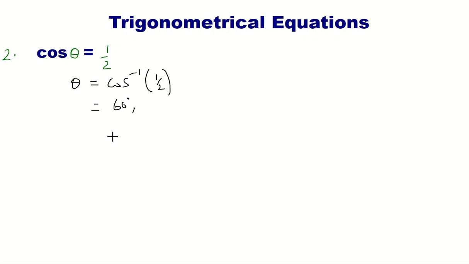The other value of theta we can find by using this quadrant. For example, here we have cos theta as a half. If it is a half, it is a positive value. So we find out where cos is expected to be positive. Here we have all of them positive, here sine positive, here tan positive, and here cos positive.